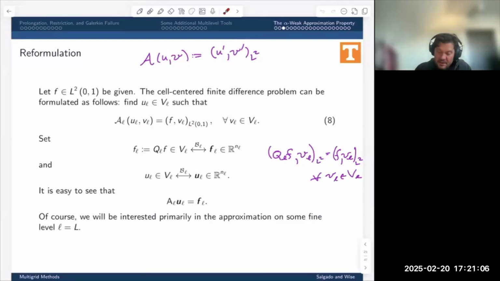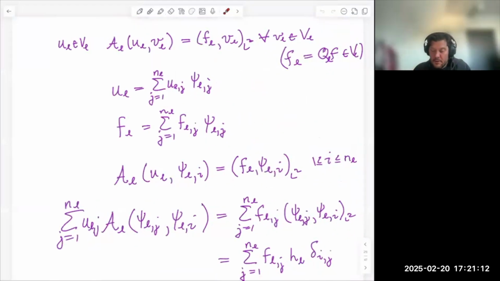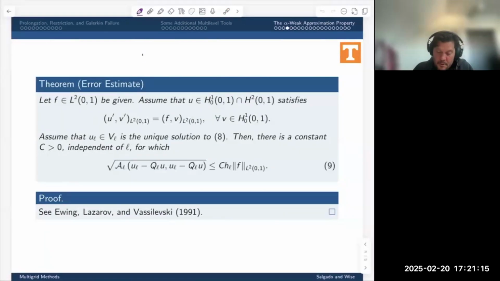So we can ask, what's the difference between UL and U? That would be what we could understand as the error. Now, it turns out it's not so natural to formulate things in terms of this error. It's better to formulate the question about convergence in terms of UL minus the projection of the true solution into the space VL, QLU.